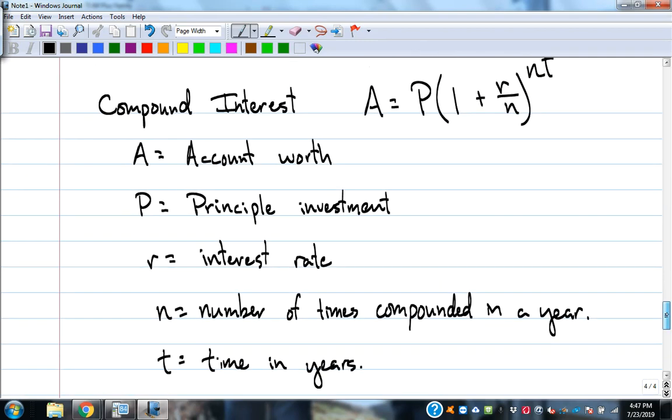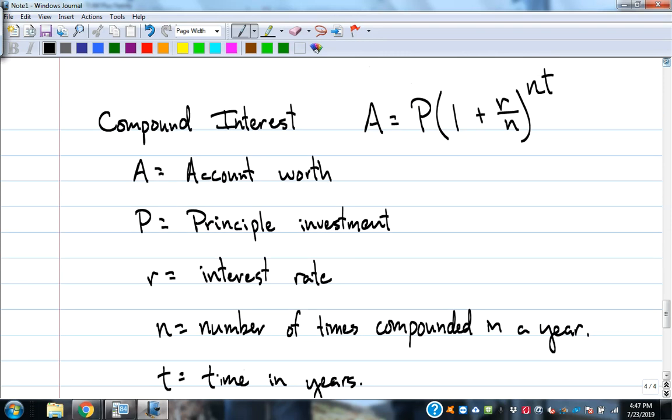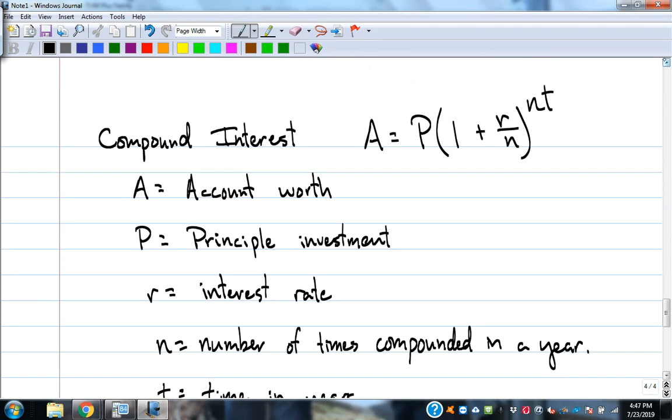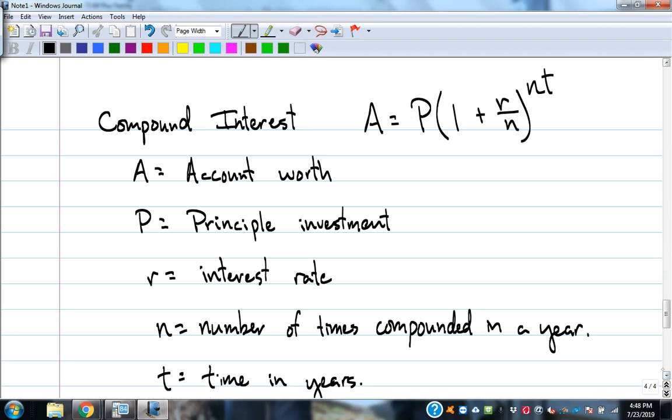This is the formula that's commonly used for savings accounts, how they figure up the interest that you earn in a savings account or a cash deposit, a CD, or any kind of interest-bearing account. The compound interest formula is generally used for that. There are some special accounts that do some different things, but most basic accounts use this.